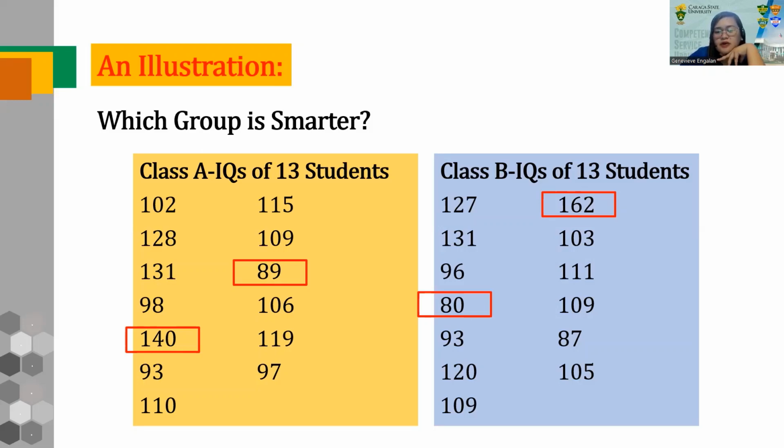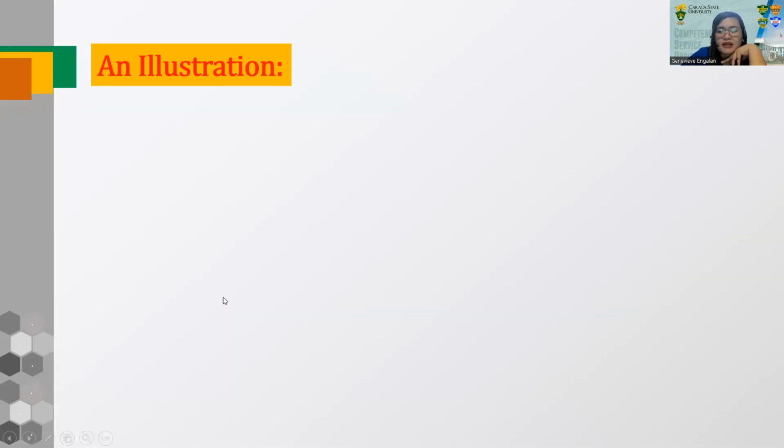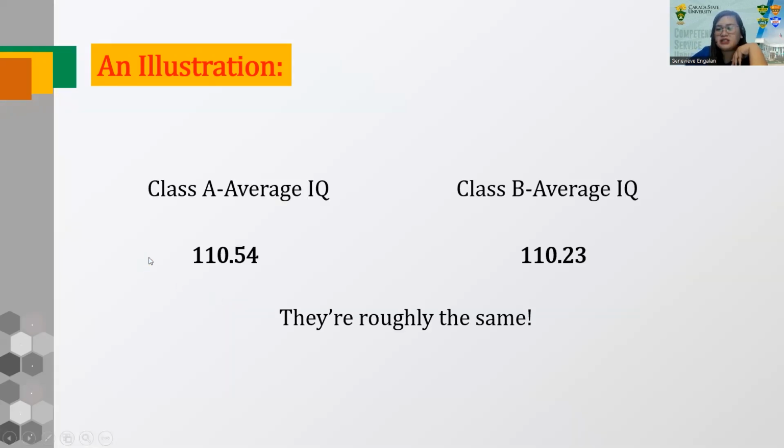So for example, kung kuhaon nato ang mean or the average of the IQs of the 13 students in class A, ang ilahang average is 110.54 and sa class B is 110.23. So they're roughly the same but nagmatter ang decimal point, no?